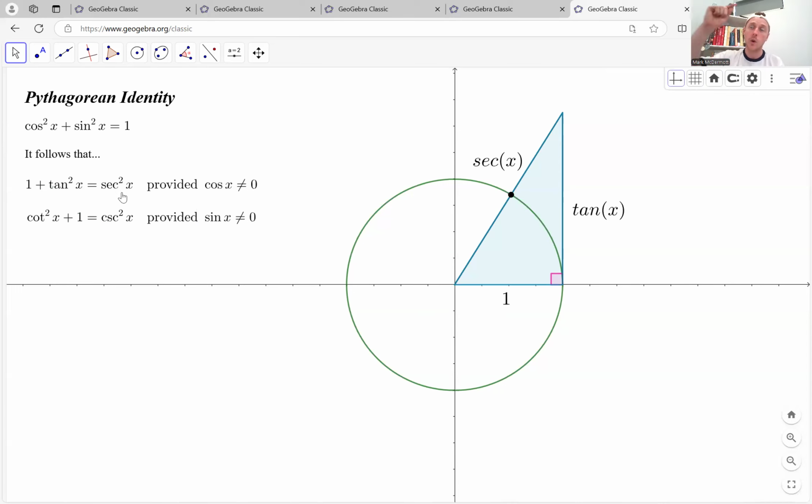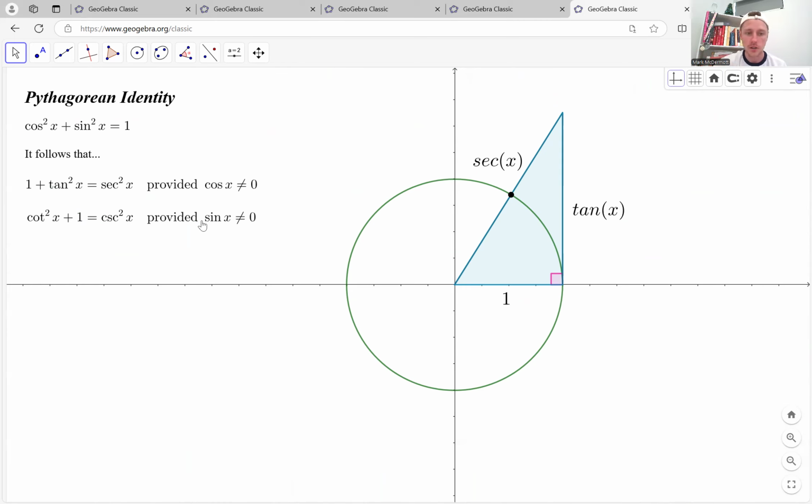Well, we just learned that 1 divided by cos x is the secant of x. So 1 over cos squared x is the secant squared of x. So it follows that 1 plus tan squared x equals the secant squared of x, provided that cos x isn't equal to 0 because that's in the denominator, yeah?